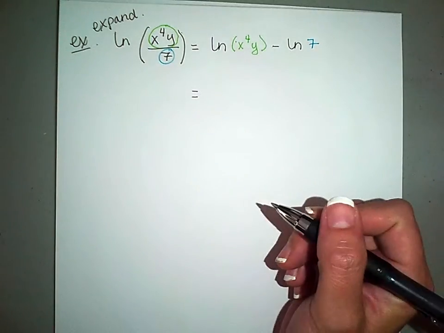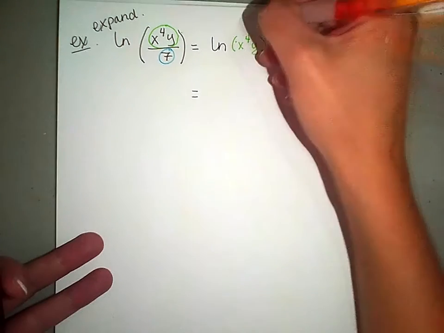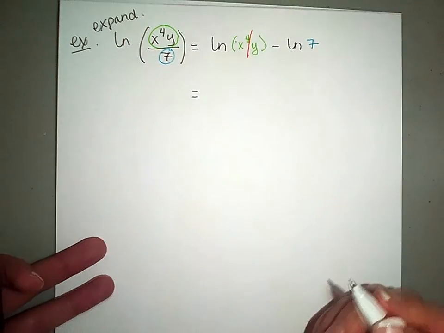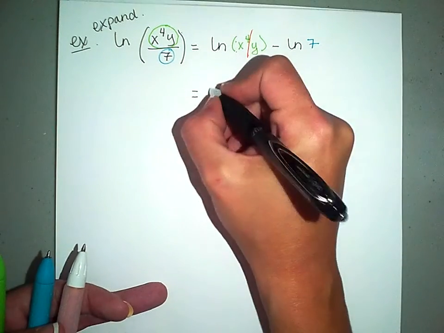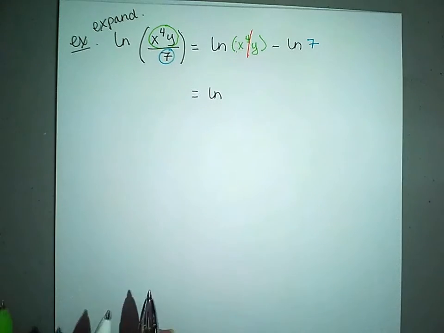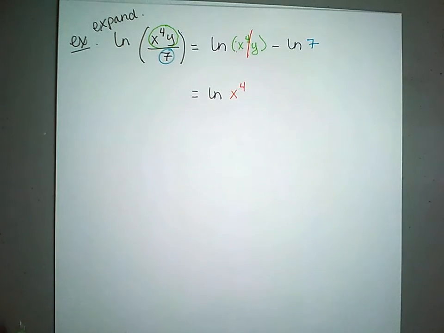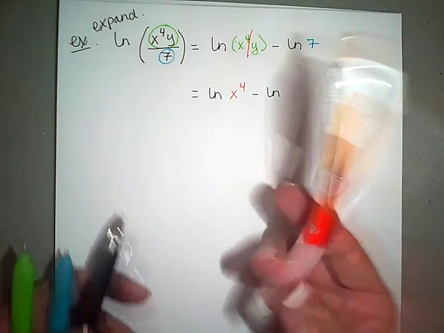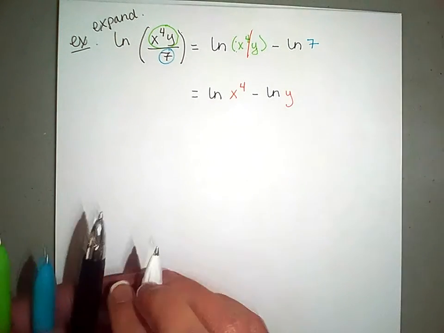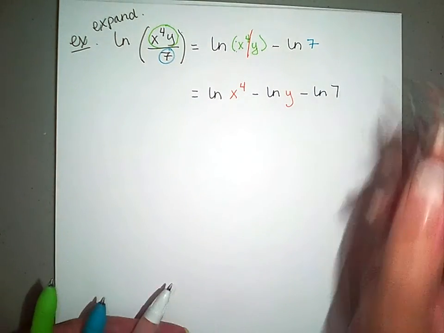Now from there, we could also look at expanding further, because here is a product. I have x to the 4th and y. So I can split this logarithm up to the natural log of x to the 4th minus the natural log of y, and the natural log of 7 comes along.